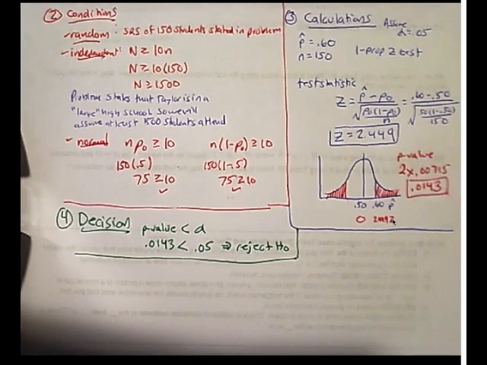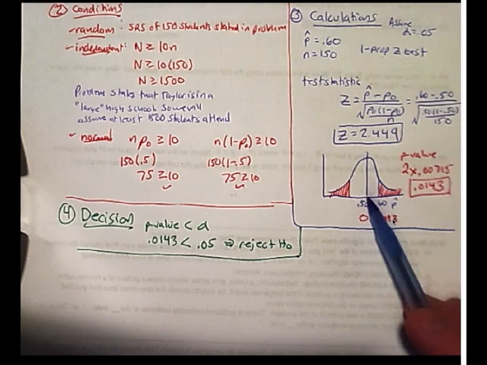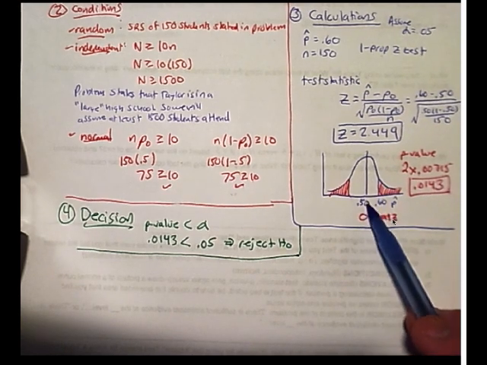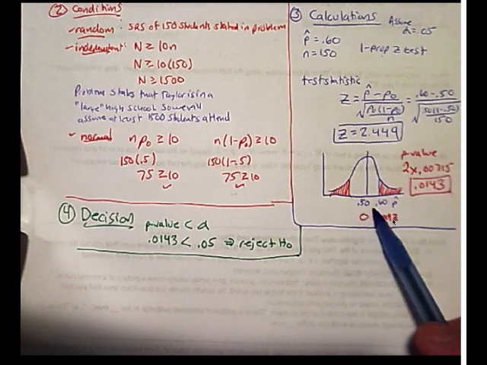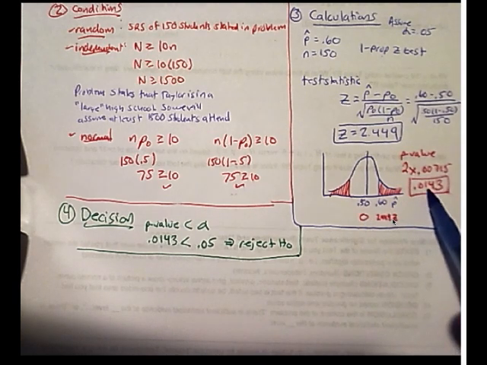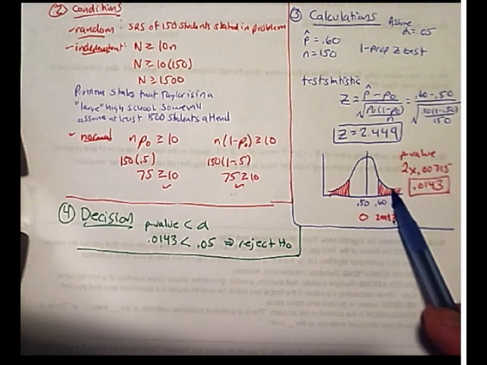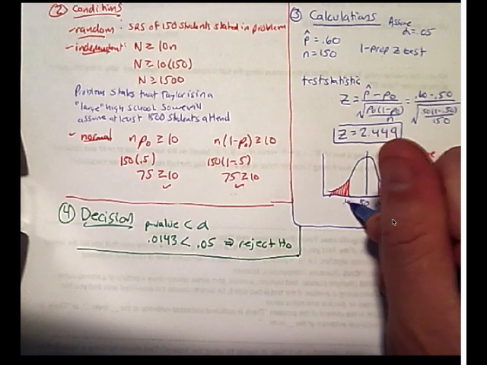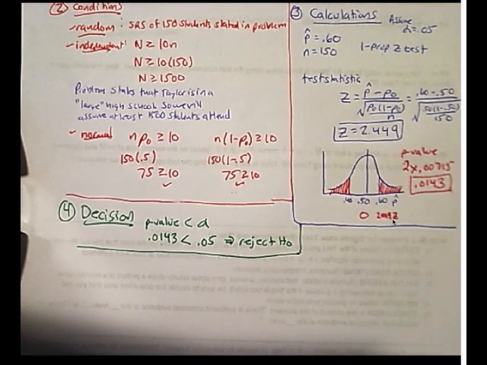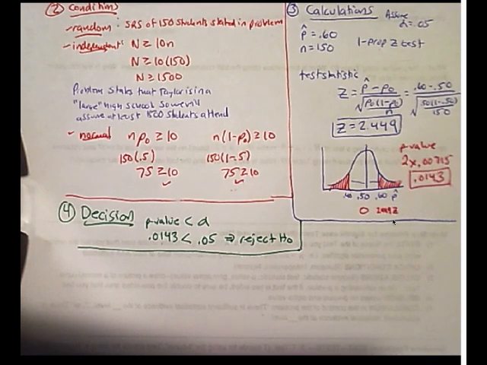So let's talk about what this actually means again. Assuming that the school really has a true proportion of 50% that have never smoked a cigarette, there would only be a 1.43% chance that we would observe a sample of above 0.60 or below 0.40. These would be equidistant if it's a two-tail test.